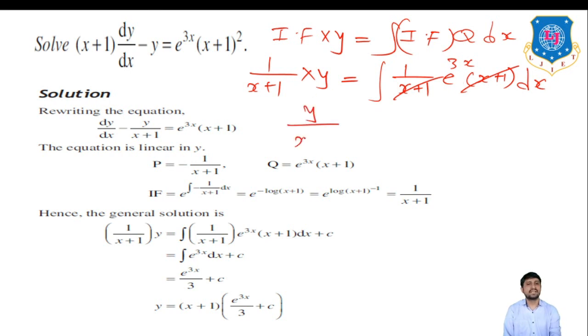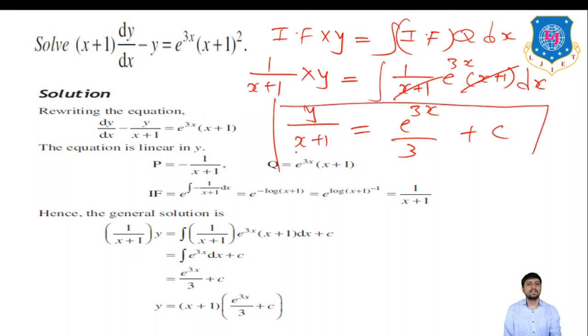So y upon x plus 1 is equal to the integration of e raised to 3x, that is e raised to 3x upon 3, plus c. So this is your final answer: y upon x plus 1 is equal to e raised to 3x upon 3 plus c.